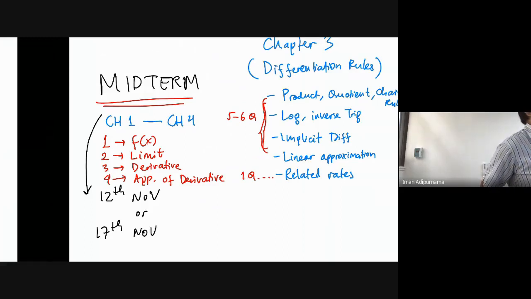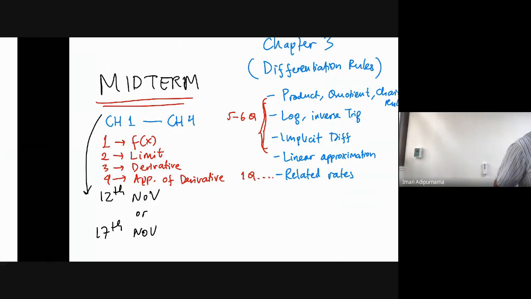The application is basically dealing with the functions and how to graph the functions using the first derivative and the second derivative, finding the maximum and minimum value. The last part of chapter 4 is optimization. Optimization means your maximum or your minimum value.